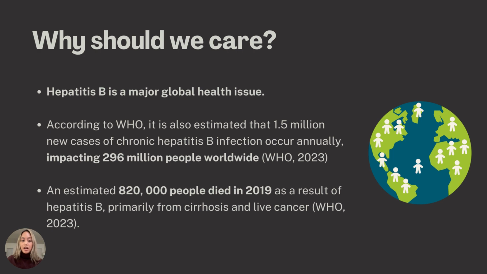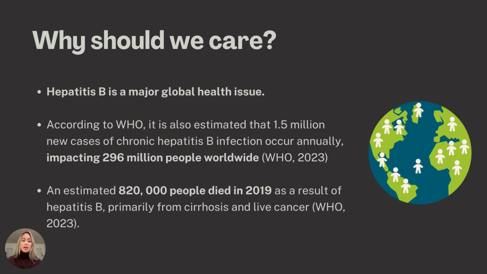And we should care about hepatitis B because it is a major global health issue. 296 million people worldwide are affected annually, according to the World Health Organization. And 1.5 million new cases of chronic hepatitis B infection also occur annually.